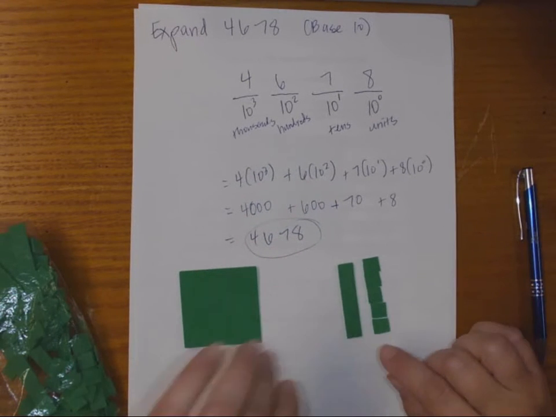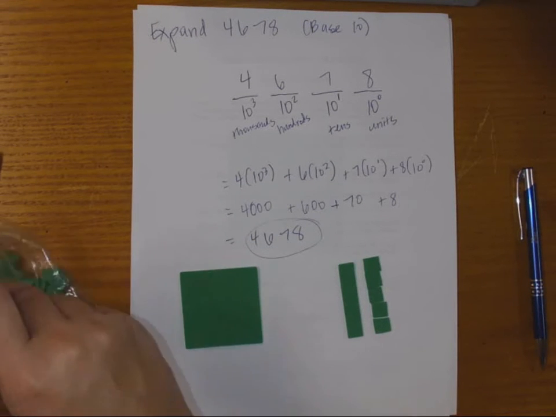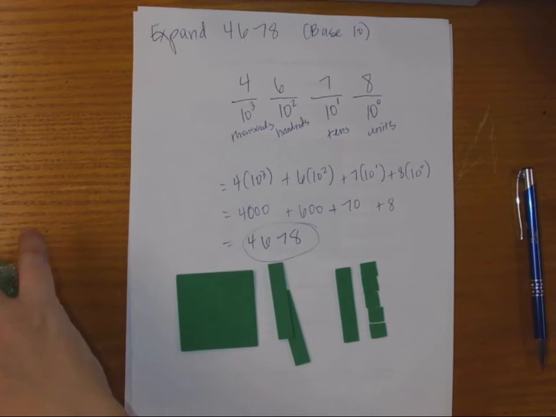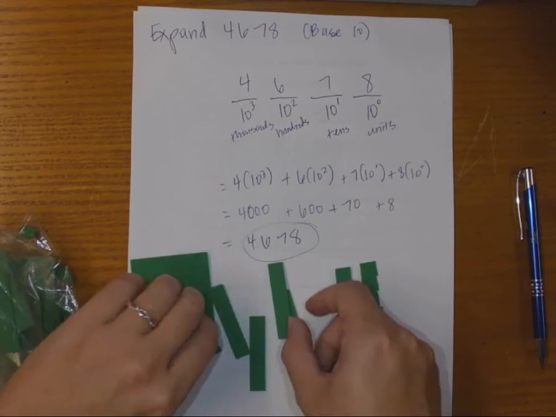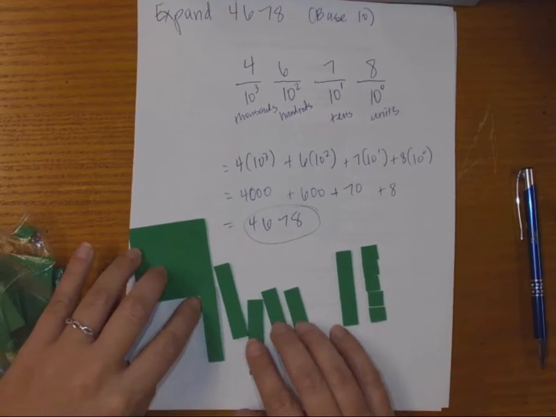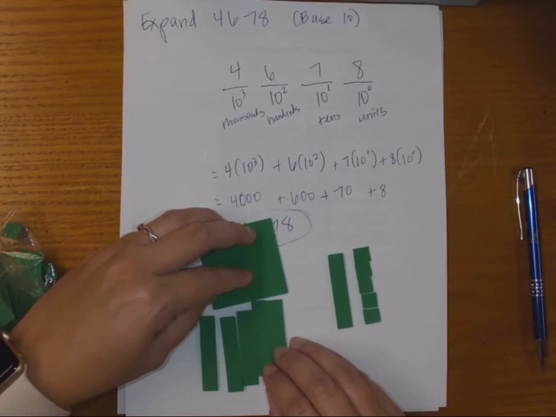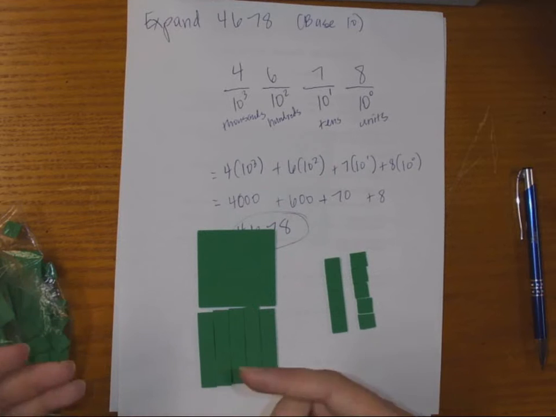Instead of 10, it's 5 now. If I line up 5 longs, sorry, I should have had these pulled out already, I get the length of a flat, right? And then I don't have a cube, but 5 flats would make a cube, and so on and so forth.